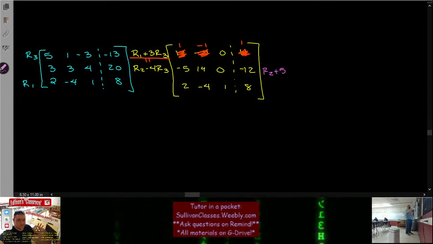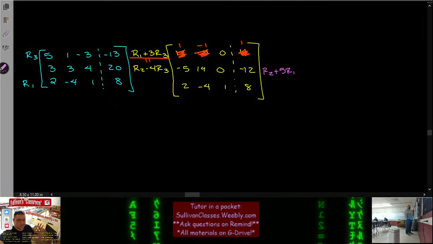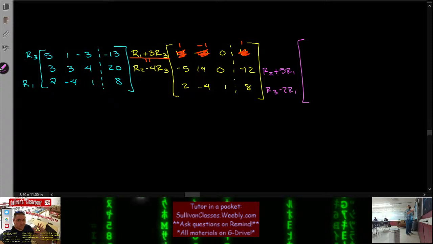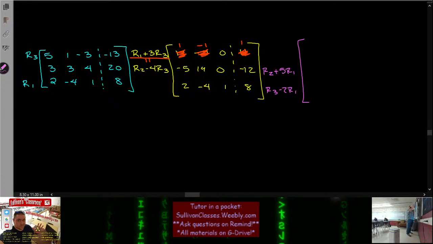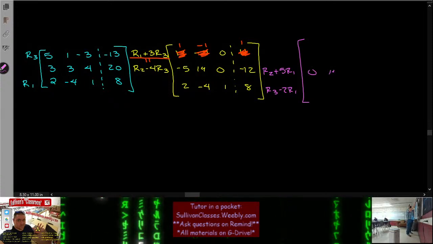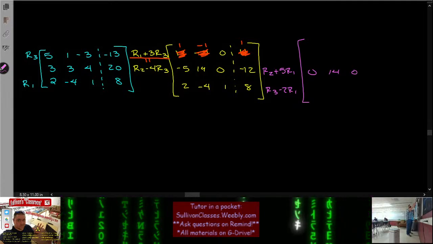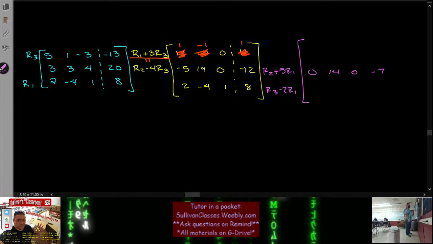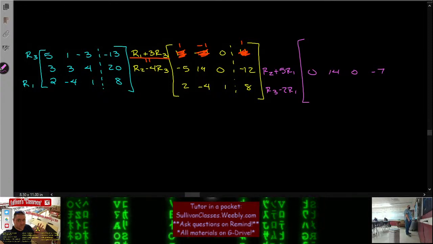Row 2 plus 5 row 1s. Row 3 minus 2 row 1s. Times 5 and add it, gone. Times 5 and add it. Times 5 and add it, still 0. Times 5 and add it is a -7. Interesting.